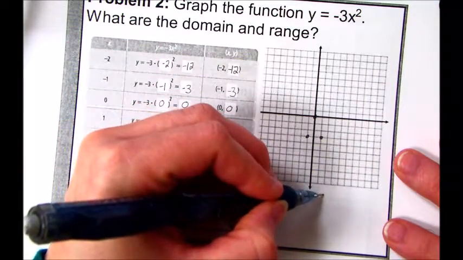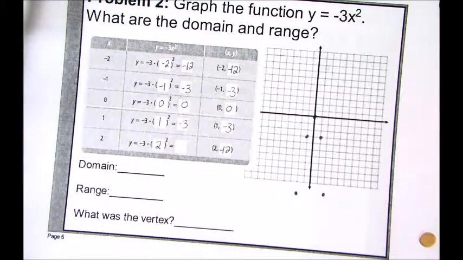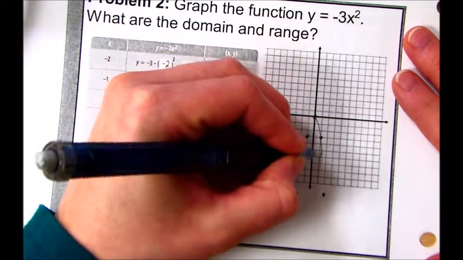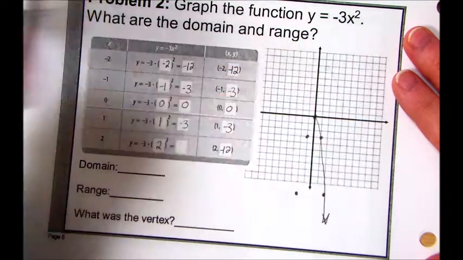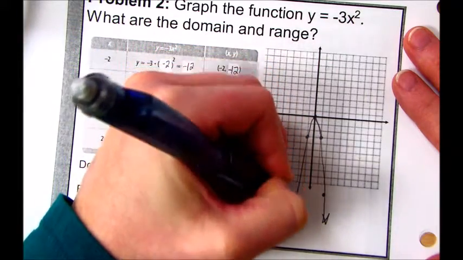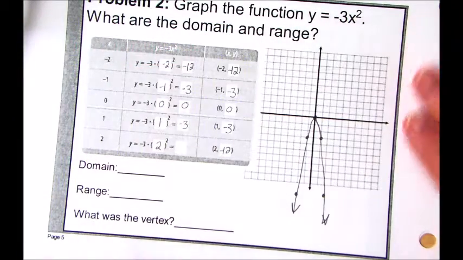And (2, -12). All right, so I've got these 5 points, and you can see it's going to be an upside down parabola. So we're just going to graph going that way. Please make it look like a U. Try not to make it look like a V.